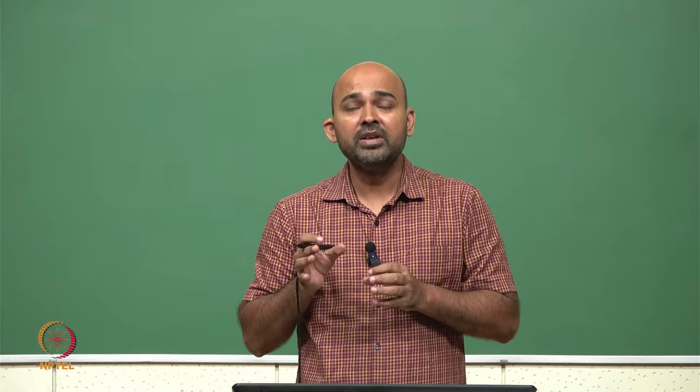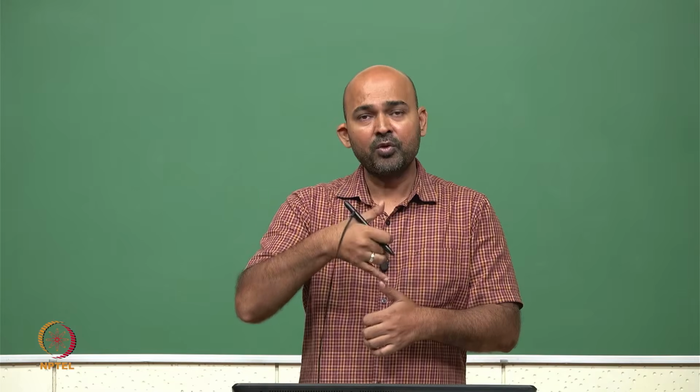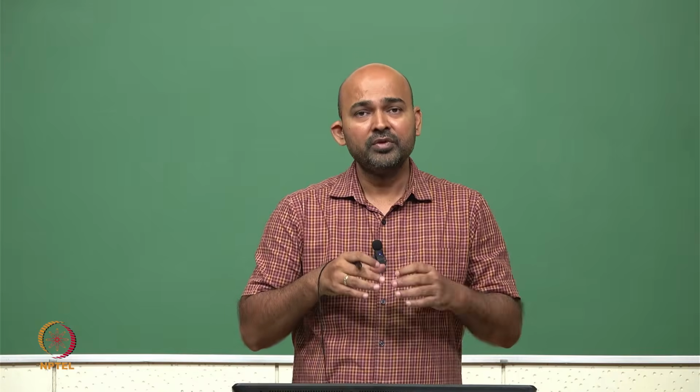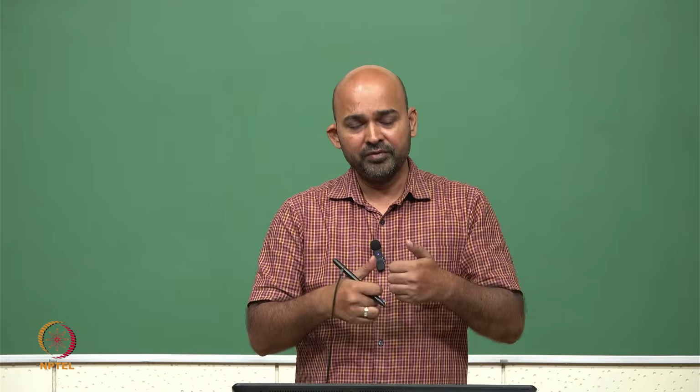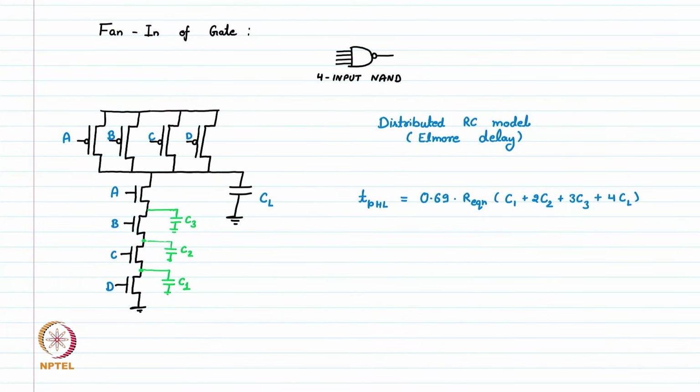So if we have more NMOS, or in other words more inputs. Here we have 4 inputs A, B, C, D, so we have 4 transistors in series. If we have more inputs, we have more stacking, so this term C1 plus 2C2 plus 3C3 keeps on increasing, and if it is increasing, then my delay is increasing, which is bad.